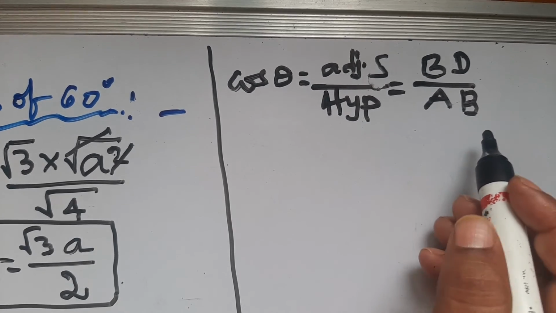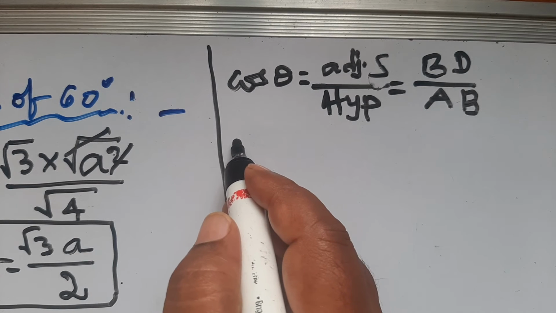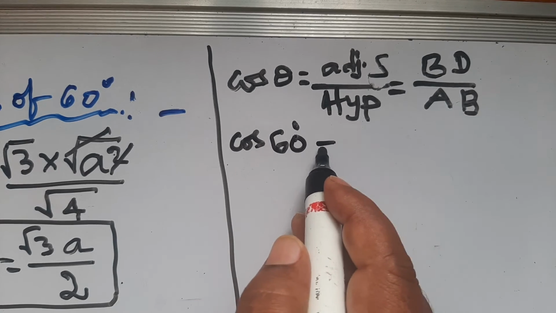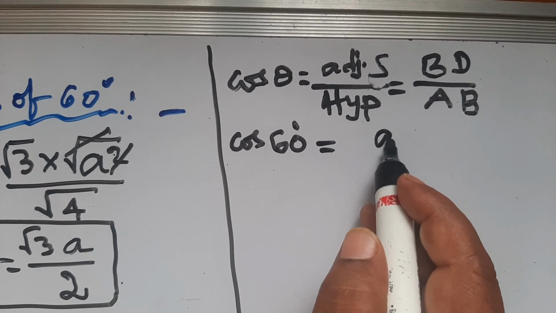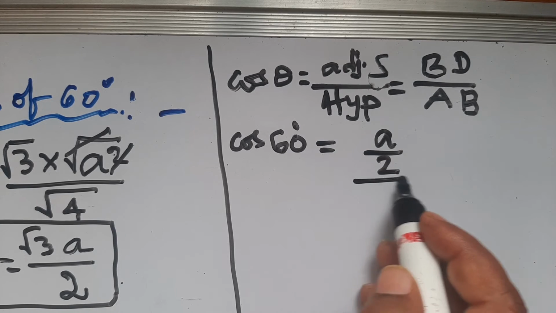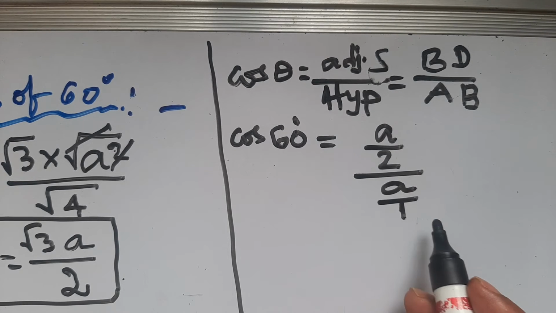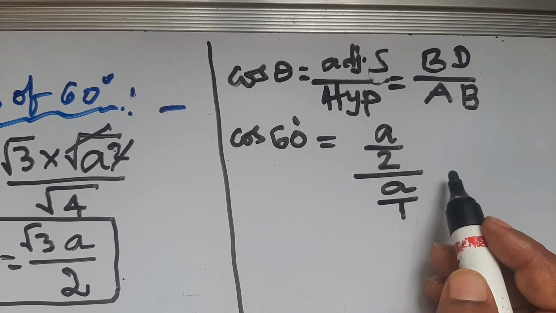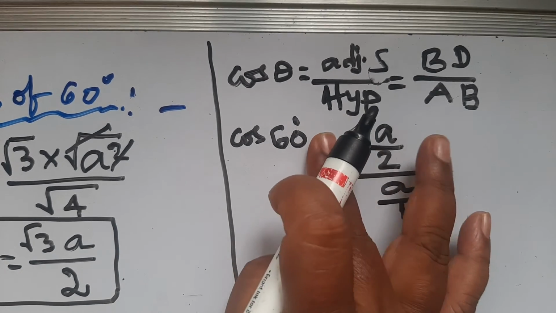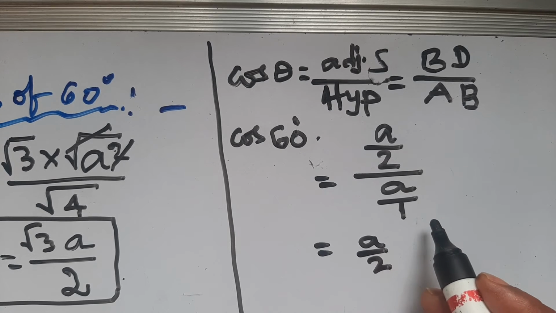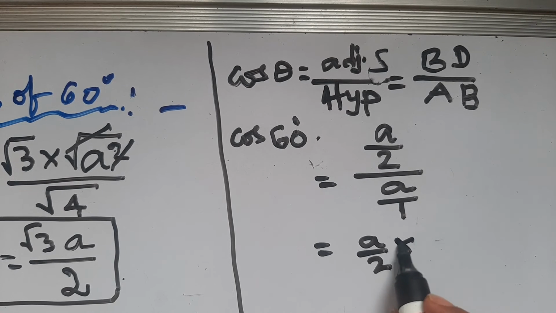Okay, children, right. Next, in the place of theta we have to take 60. Cos 60 degrees is equals to, BD means a by 2, okay, whole divided by AB means a by 1, we can write like this. Now, from this what we can do? Next step, a by 2 you write as it is, then a by 1 from the denominator shifts to the numerator, it becomes 1 by a.